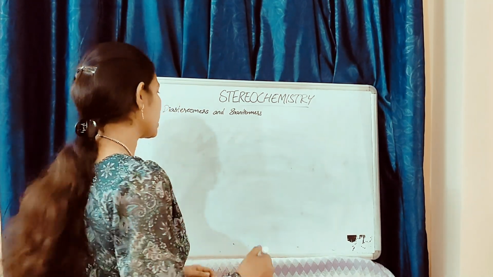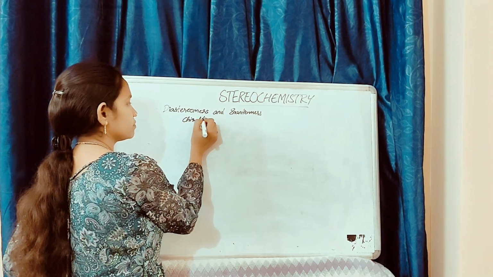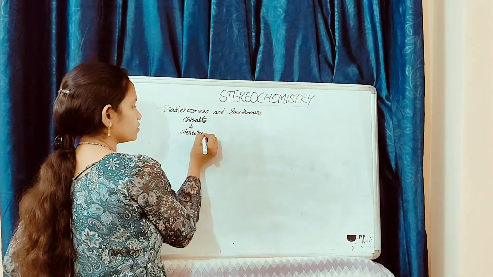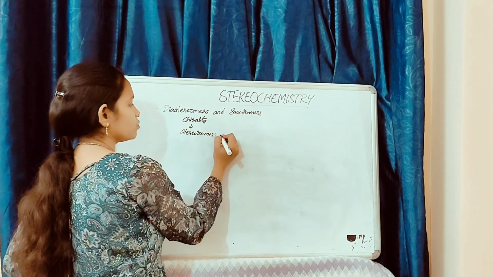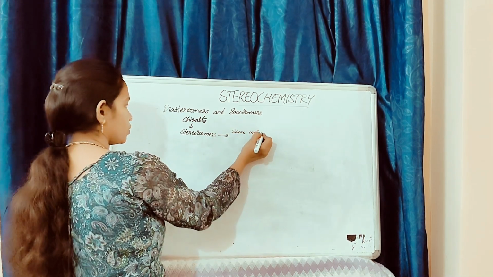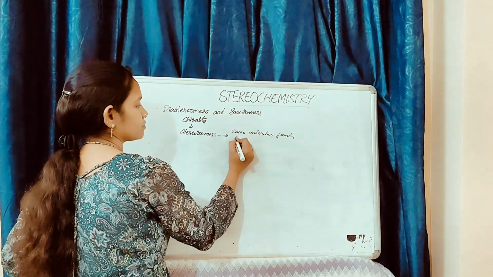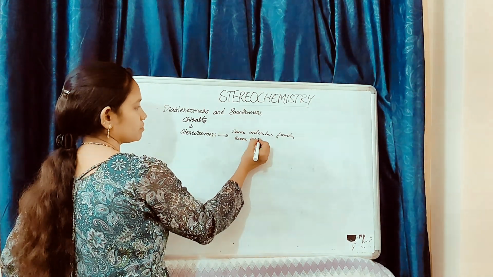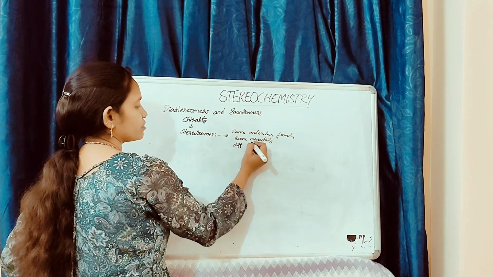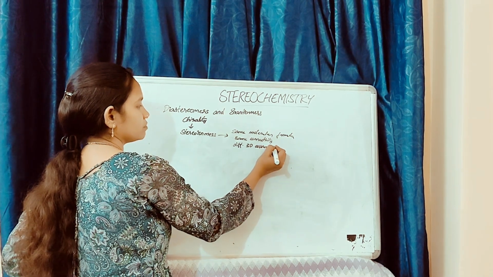Chirality leads to stereoisomers. We have already studied what stereoisomers are: they have the same molecular formula, the same connectivity, but a different 3D arrangement, right?